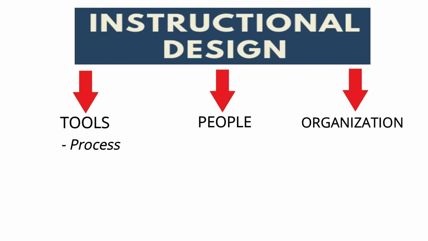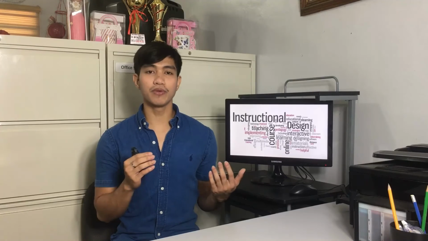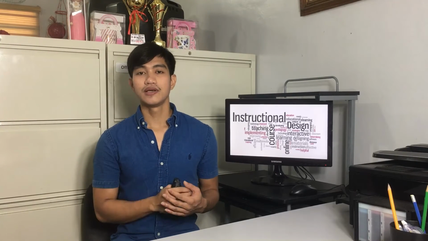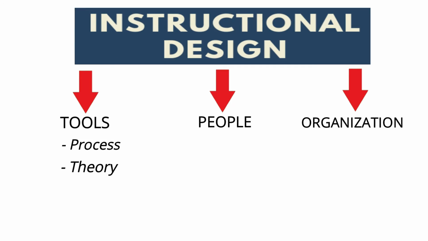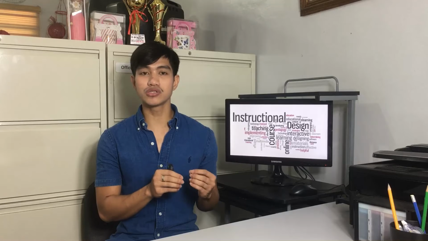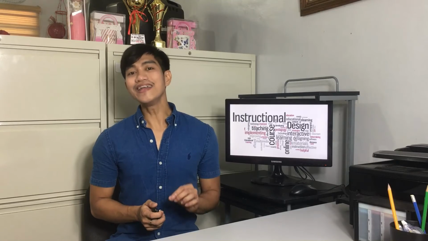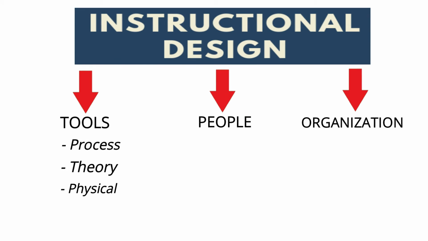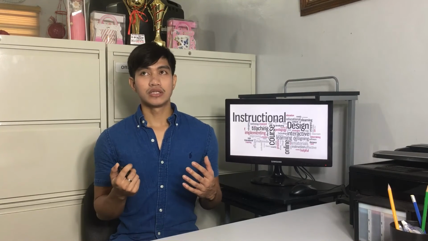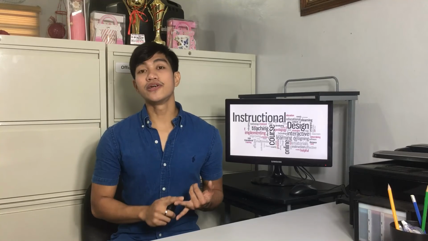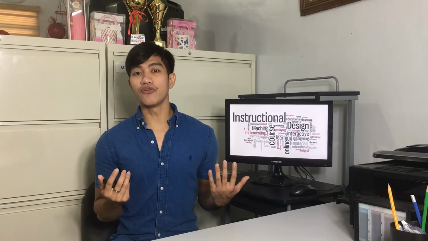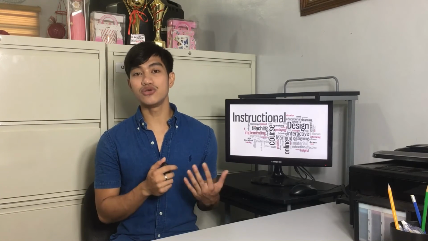The next tool is instructional theory, which offers guidance on how to help learners actually learn. This theory informs what the instruction should look like and what types of strategies should be used within the unit of instruction. The final tool is the physical tool. This includes technologies that an instructional designer uses, with other examples being pen and paper and, of course, e-learning. These are the types of tools that an instructional designer uses.